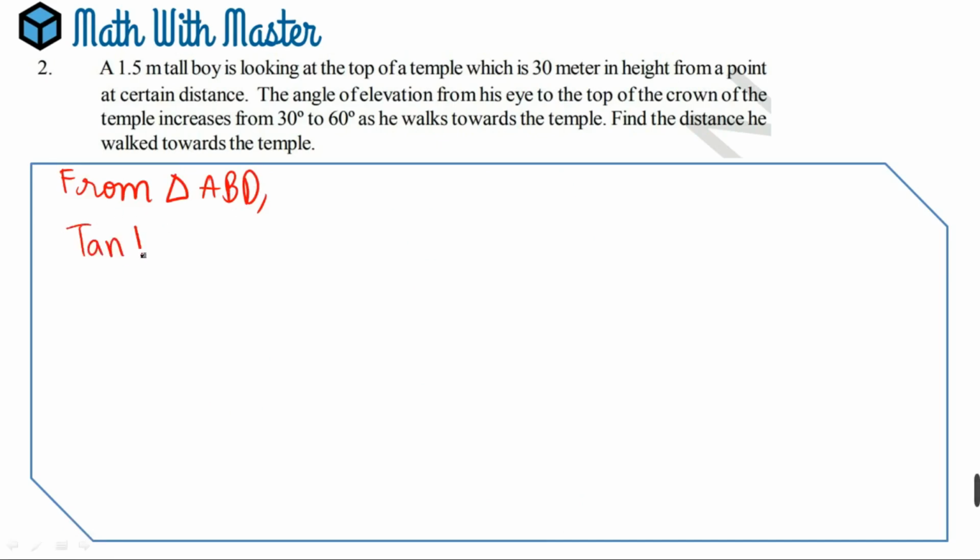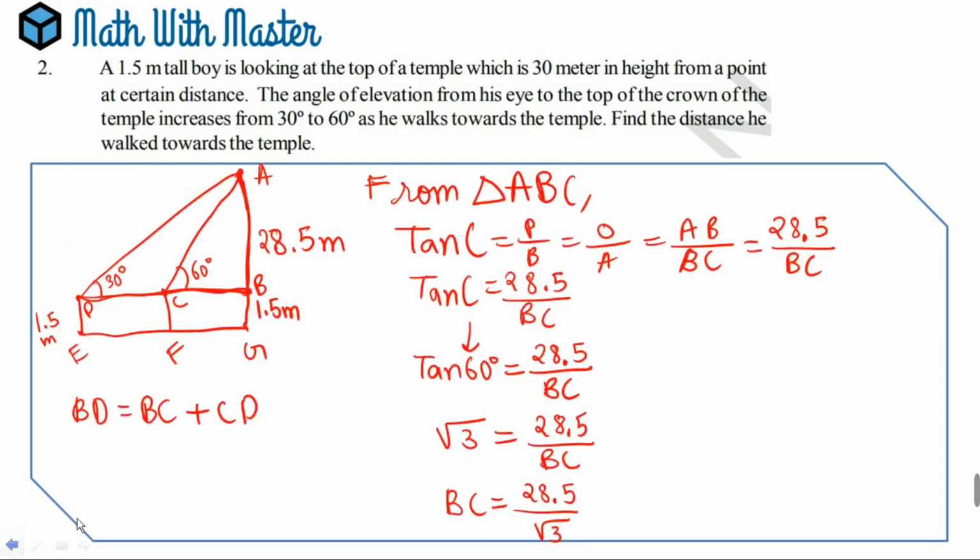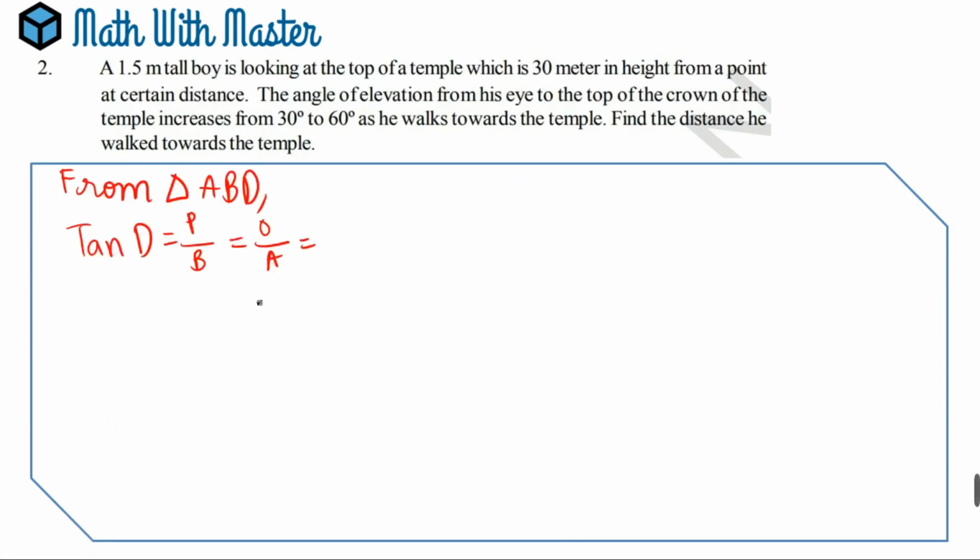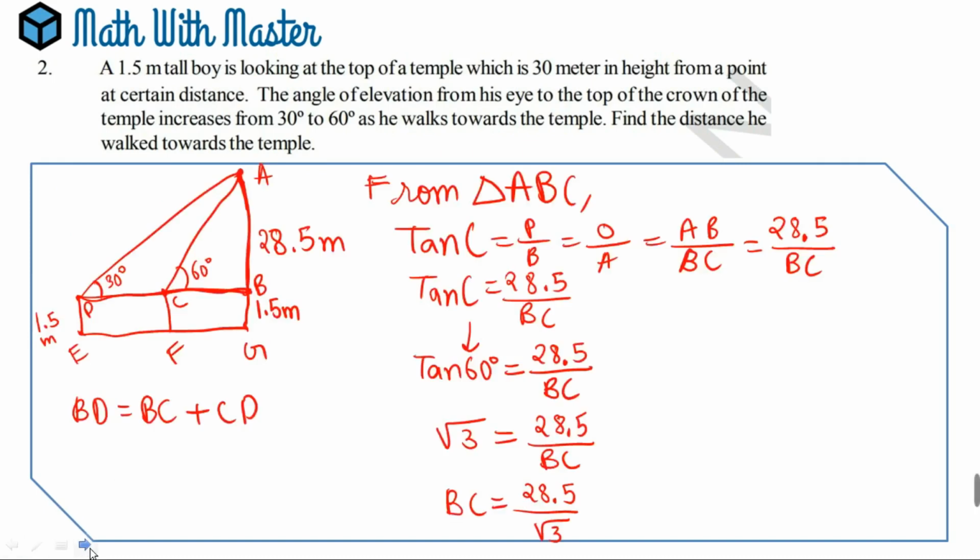Tan D is equals to perpendicular upon base, which is also equals to opposite upon adjacent. This is our angle D. So what is the perpendicular? First we will put AB.